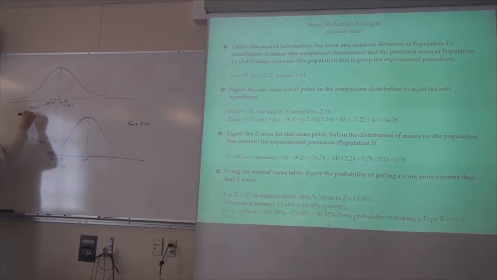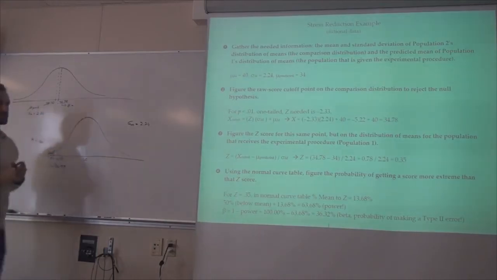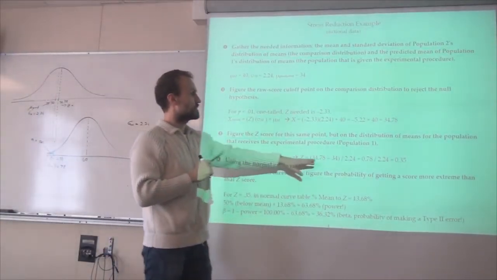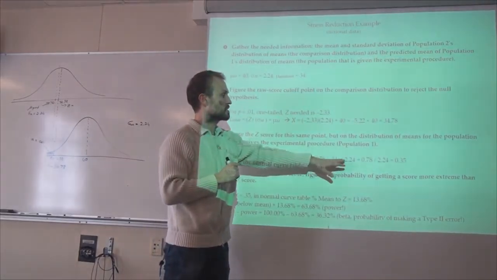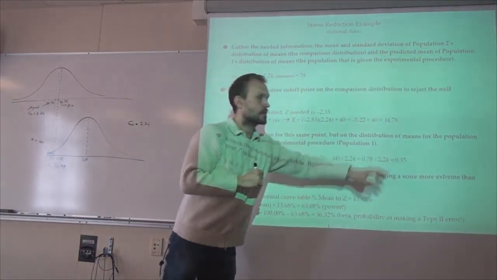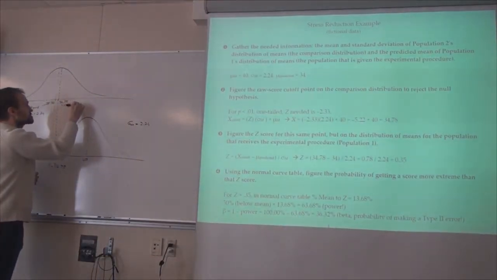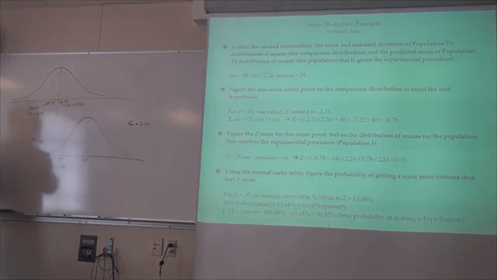And my standard deviation is still 2.24. So using these two, what is the z-score, telling me how far that is away? It's going to be 34.78 minus the predicted mean over the standard deviation, 0.35. So again, it puts me very close here, 0.35. And now I can look up in my table.